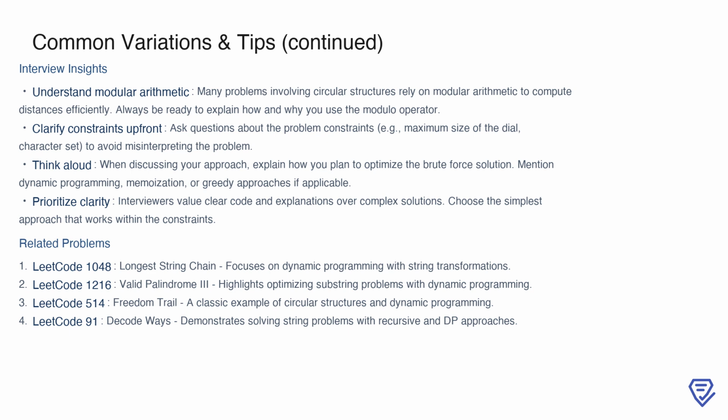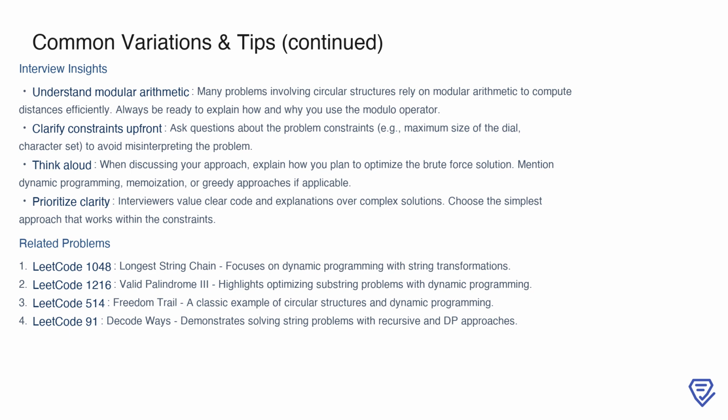As you discuss your solution, think aloud and explain how you plan to optimize the brute force approach. Highlight strategies like dynamic programming, memoization, or greedy algorithms if they're applicable to the problem. Remember, interviewers value clarity over complexity. A clean, simple solution that works within the given constraints is often more impressive than an overly intricate one.